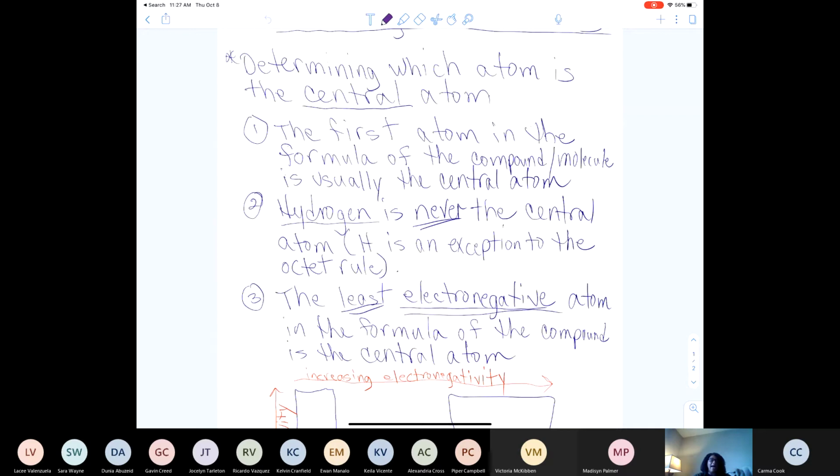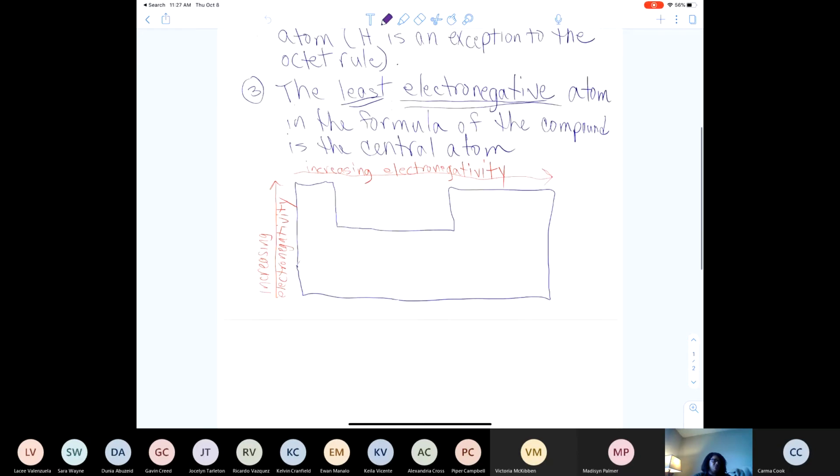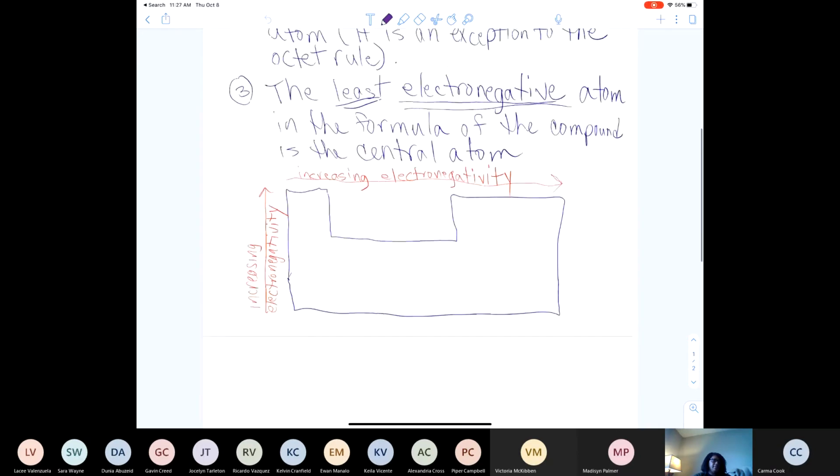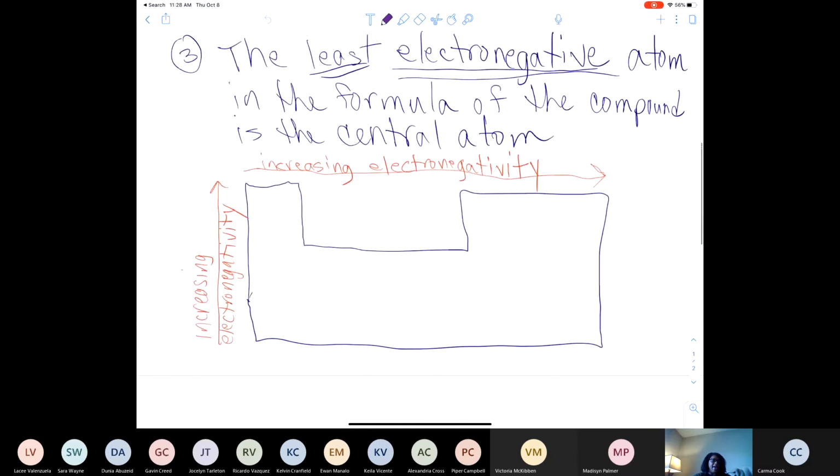And then we also said that hydrogen is never the central atom because it's an exception to the octet rule. But there's a third method or rule in determining the central atom. The least electronegative atom in the formula for the molecule or compound is going to be the central atom.